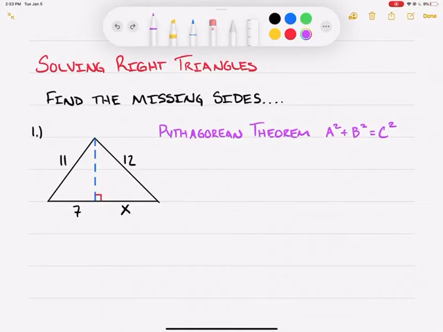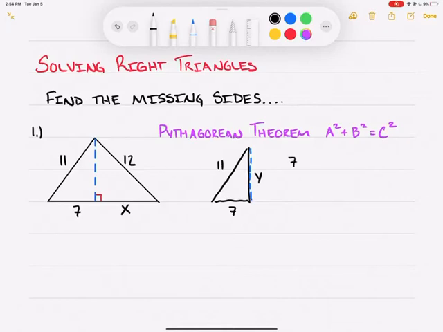Right? So what I'm going to first do is break up that triangle just by looking at the side with the 11 and the 7, and then the perpendicular line here is that blue line that was there, just so we're all on the same page. So first off, we'll call this y.